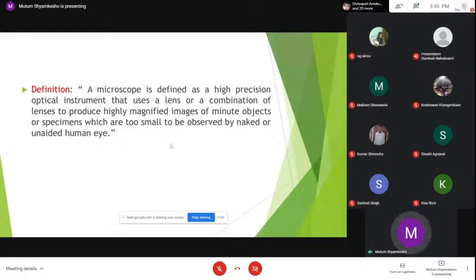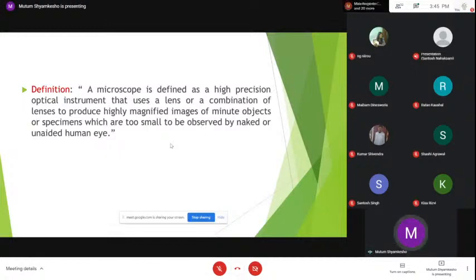A microscope is defined as a high-precision optical instrument or device that uses a lens or a combination of lenses to produce highly magnified images of minute objects or specimens which are too small to be observed by the naked or unaided human eye.